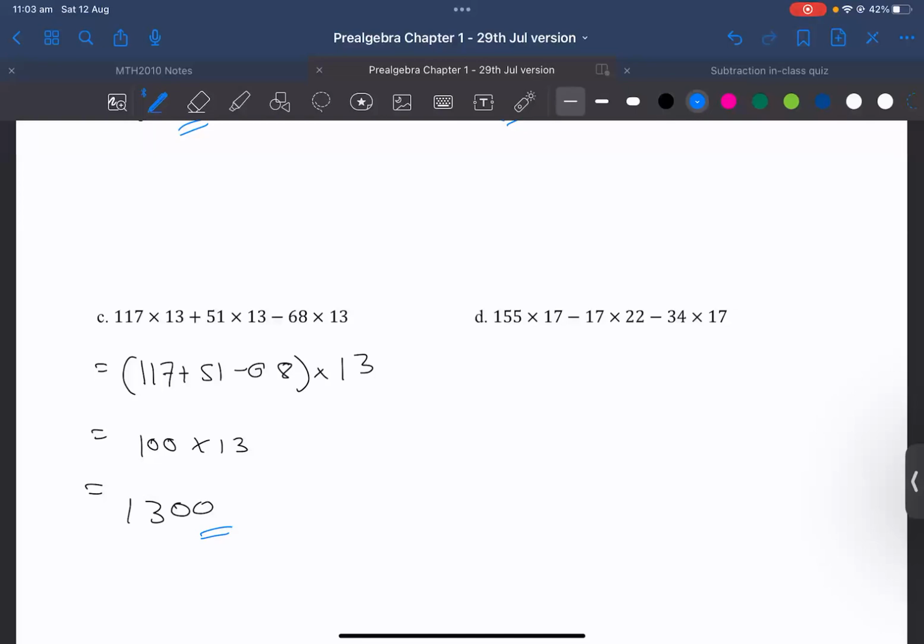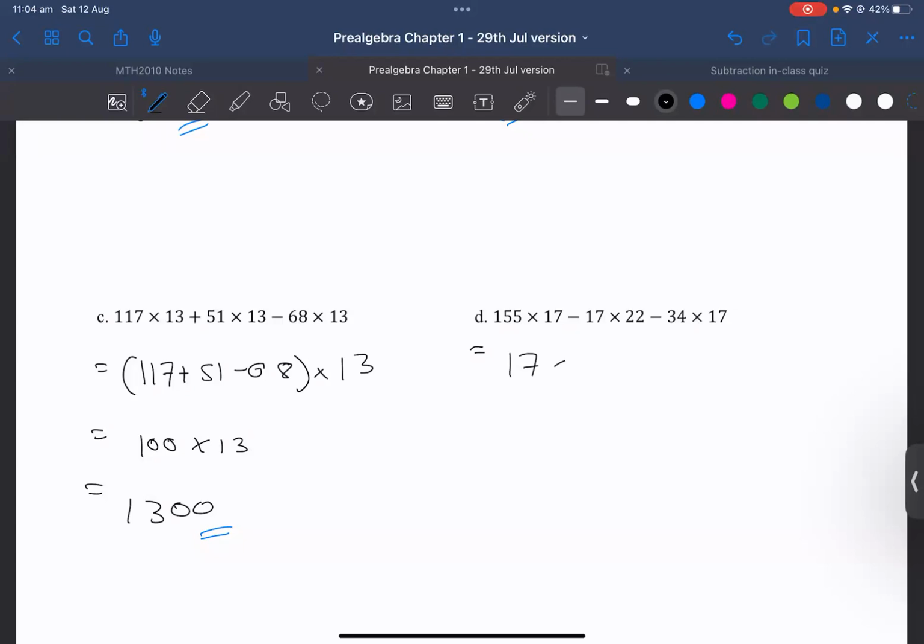All right, any questions with that? No? Okay. What about D? What is anyone's answer to this one? Yep, 1700. Close. 1683. You did multiply by 100, but it's by 99 actually. Check it out. So the common factor is what here? 17.